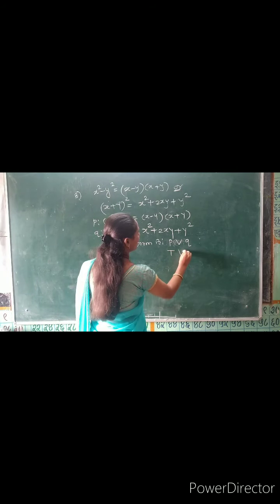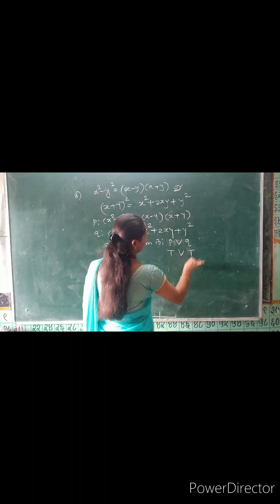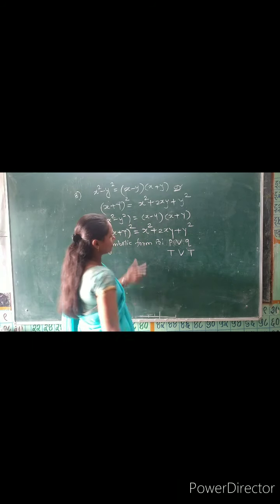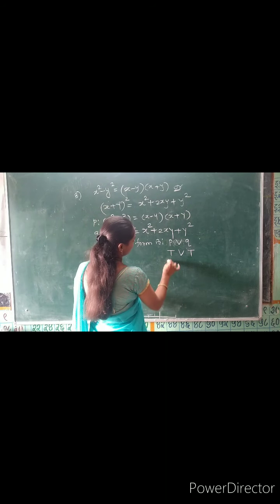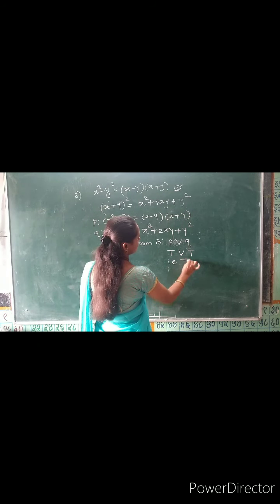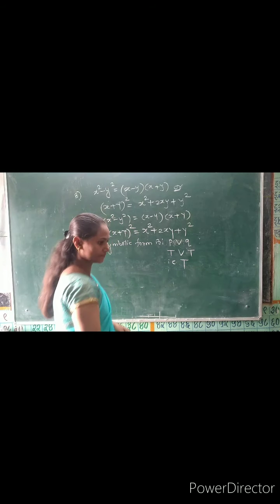Therefore, T or T, and in disjunction, if both the statements are false, then their disjunction is false. Otherwise, it is true. Therefore, T or T is again T.